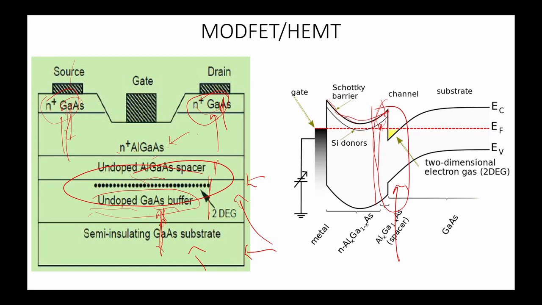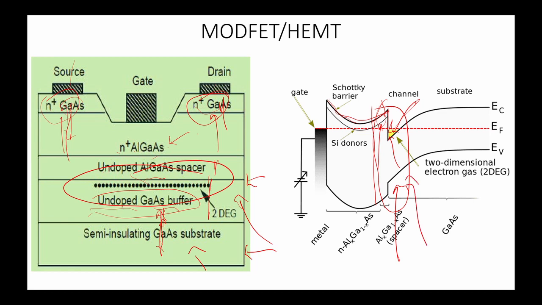As you can see, there is already an electron gas: the conduction band is lower than the Fermi level at this point. So there are plenty of electrons at this junction already there at equilibrium.